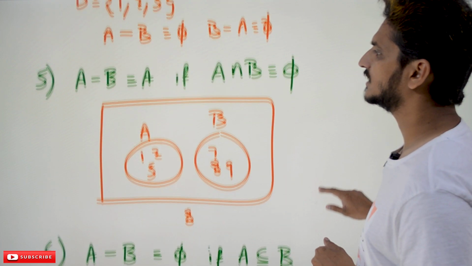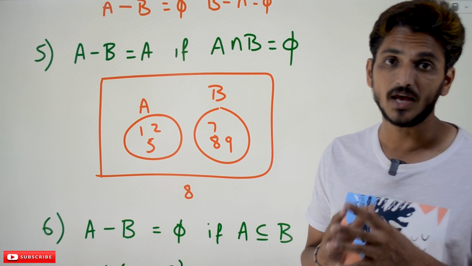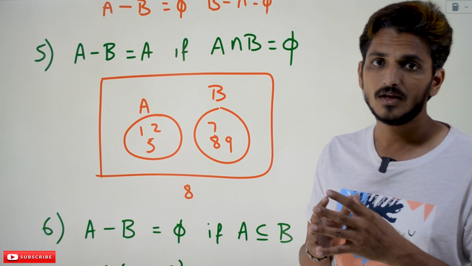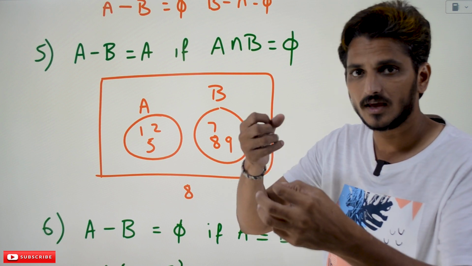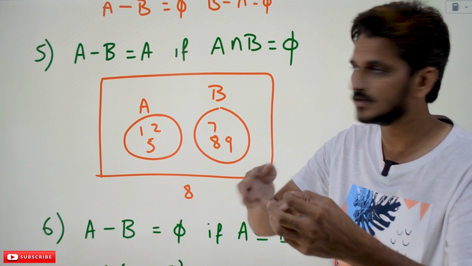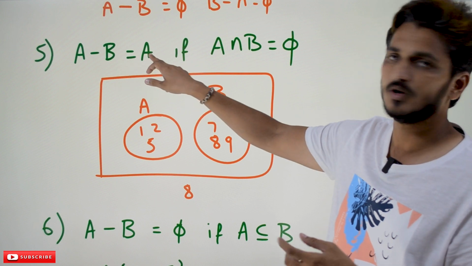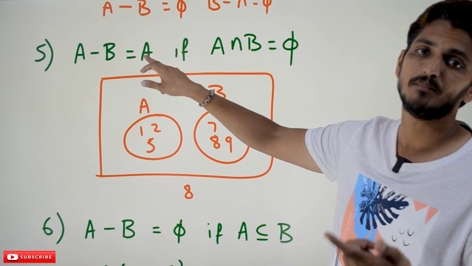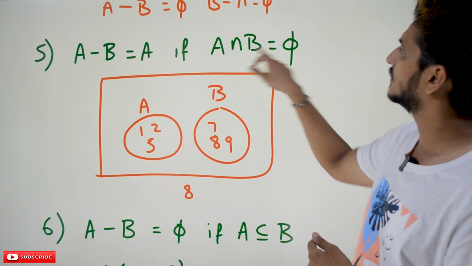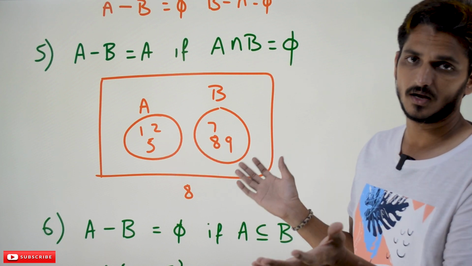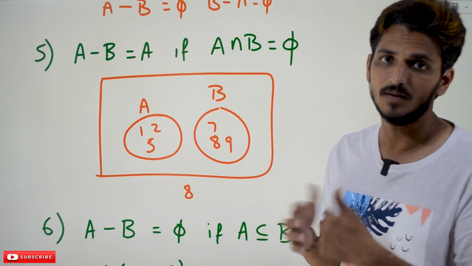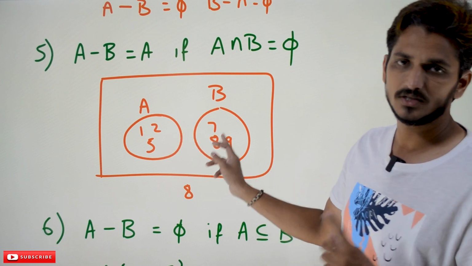Similarly, the next property is A minus B equal to A. A minus B means removing the common elements from A. This is going to happen if A intersection B is equal to phi. If A and B are separate and there are no common elements, then A intersection B is equal to phi.